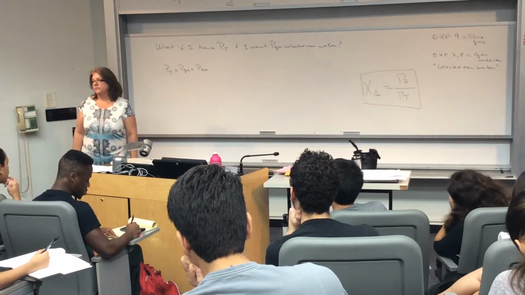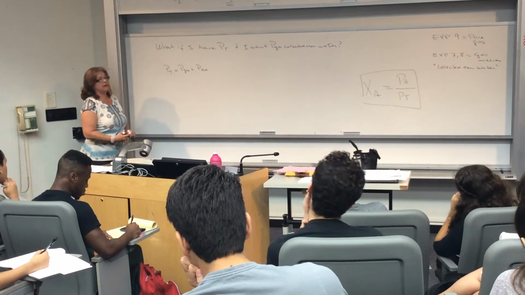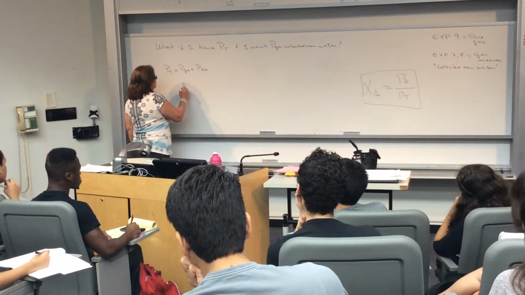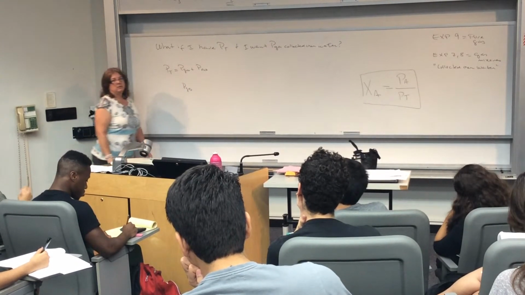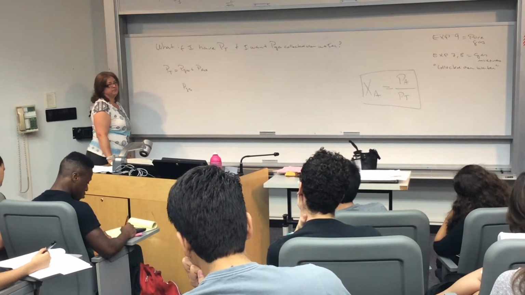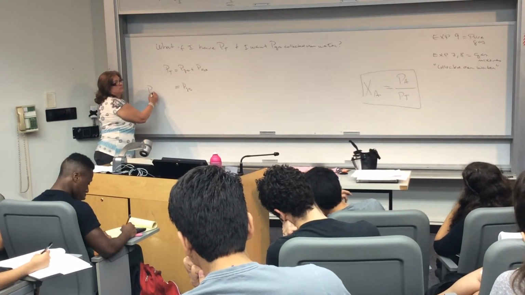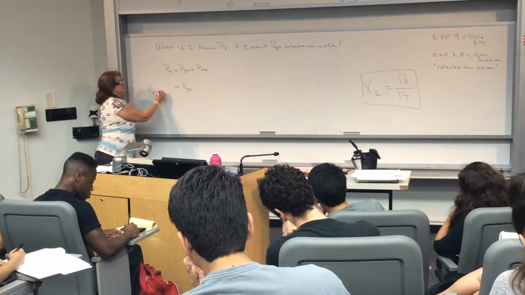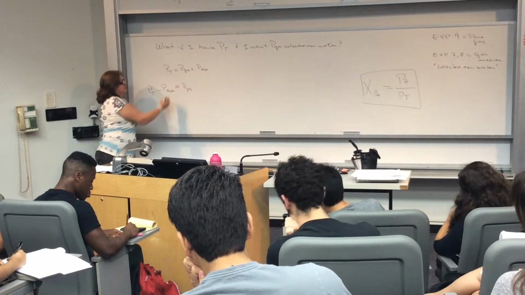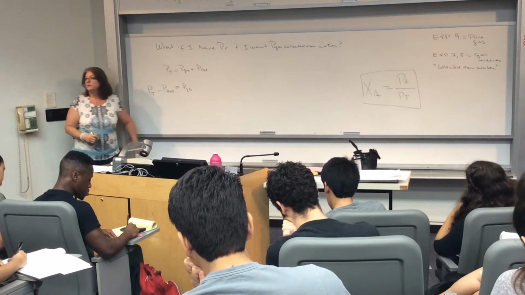So if I wanted just the pressure of the gas, what would I have to do? Subtract the pressure of the water from P total.